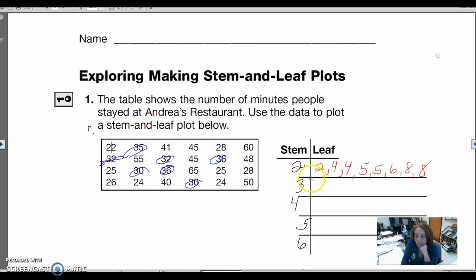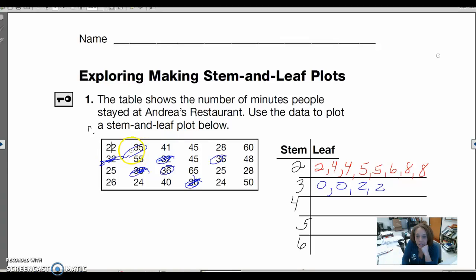Since I've already written the 3, now I want to write, again, all the extensions in order. So I'm going to start with this one. It's a 30. It has a 0, so I'm going to put a 0, a comma, cross that one off. Another 30, so that means I'll put a 0. Next I have two 32s, so I'm going to account for those twice, a 2 and another 2.